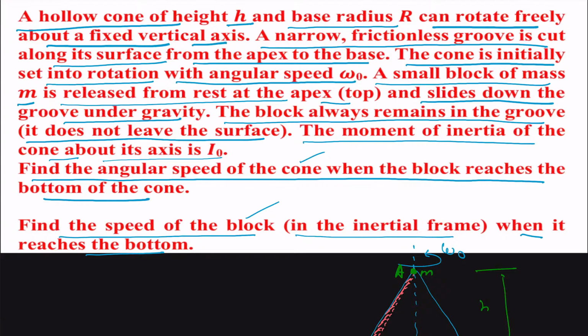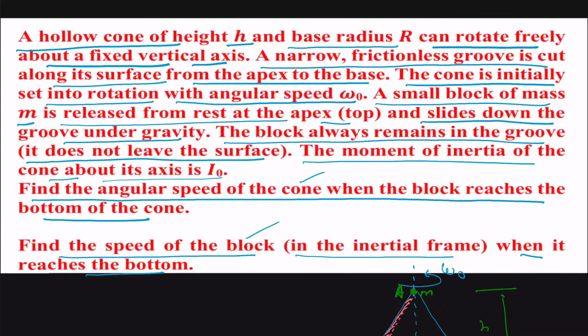Discuss the question again. In this case we are given that a hollow cone of height h and base r can rotate freely about a vertical axis.